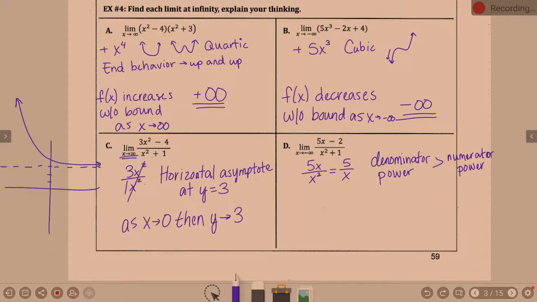Okay, that is when we look at y equals 0 as a, can I say HA and you know what I mean? Horizontal asymptote. So in this one we can say as x approaches negative infinity, then y approaches 0. Okay?